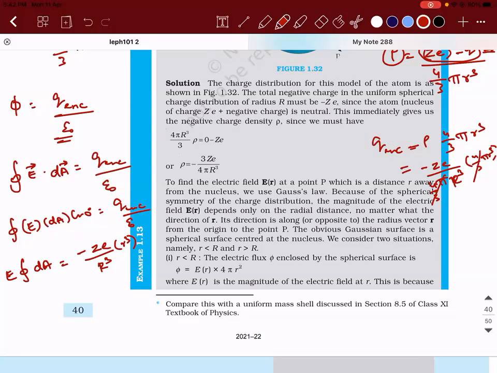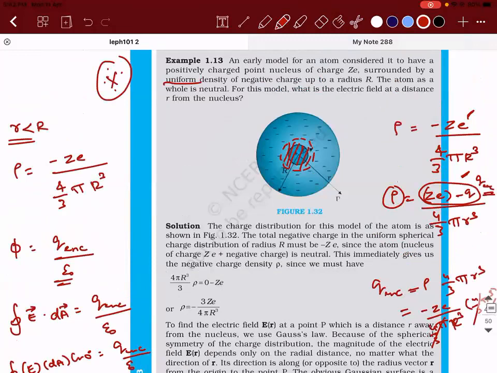Because I ignored the size of the nucleus, I didn't say that I calculated the density of nucleus. I calculated the density of charge that is present in the bigger region. That is the density of the negative charge.